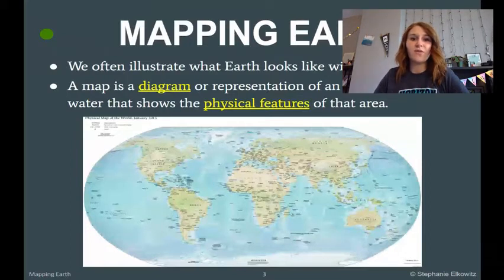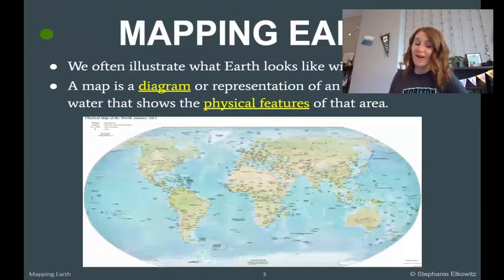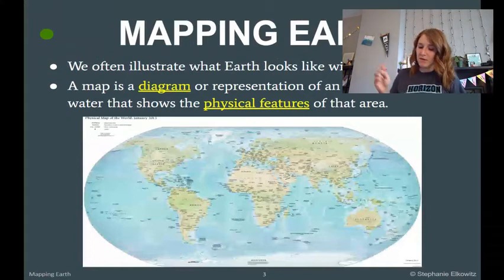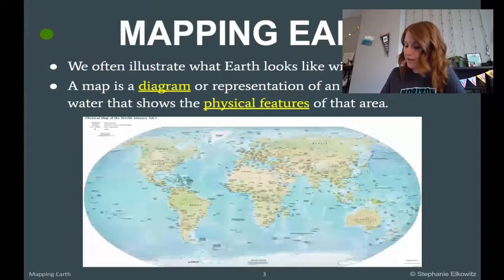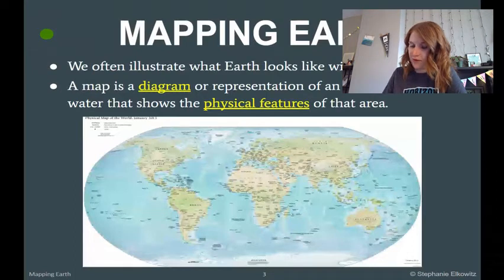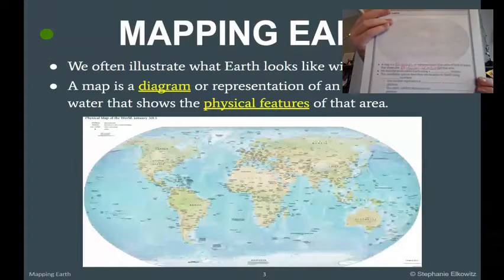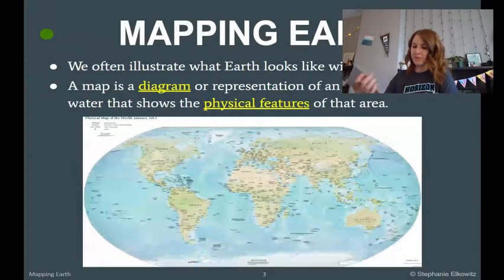We often illustrate what Earth looks like with maps. A map is a diagram or representation of an area of land or water that shows the physical features of that area. So if I fill in the blank notes, I'm going to take my pen or pencil, and I see that the word diagram is underlined in yellow. So I'm going to write diagram in the first blank and then physical features in the next two blanks on my first bullet point, like I did there.